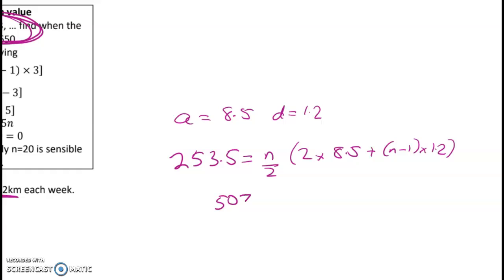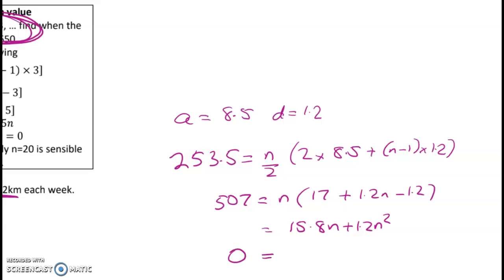Rearranging, we get 507 is equal to n times 17 plus 1.2n minus 1.2, and expanding this gives me 15.8n plus 1.2n squared. So, setting the quadratic equal to 0 will give me 1.2n squared plus 15.8n minus 507.